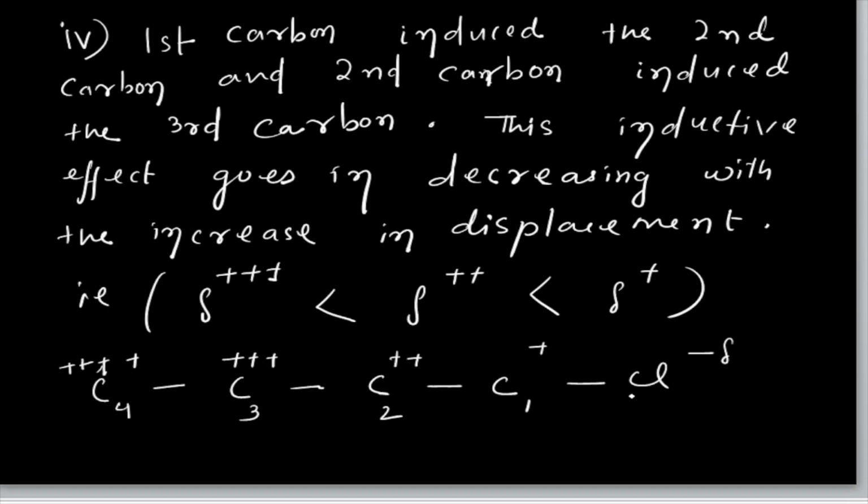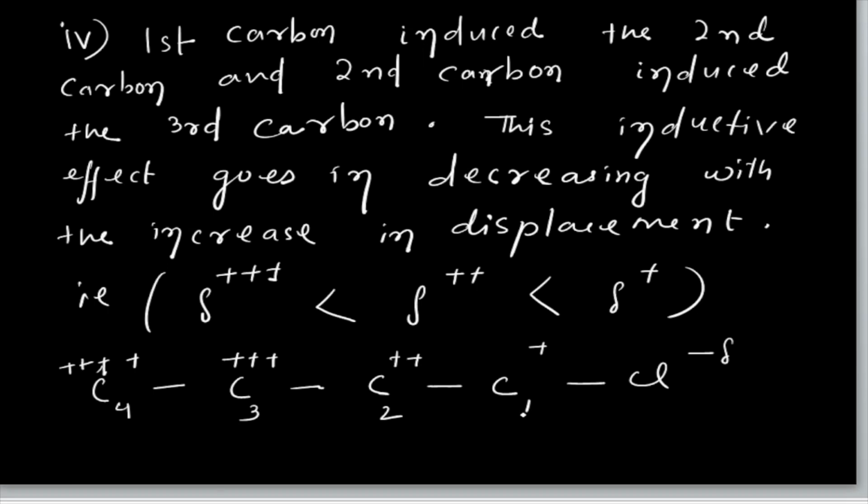The Cl is more highly electronegative than carbon, that is why the displacement takes place. The first carbon is induced by the help of this chlorine, which is highly electronegative, and the second carbon is induced by the first. Similarly, the first carbon induces the second, and the second carbon induces the third carbon. One by one, each is induced by the other.